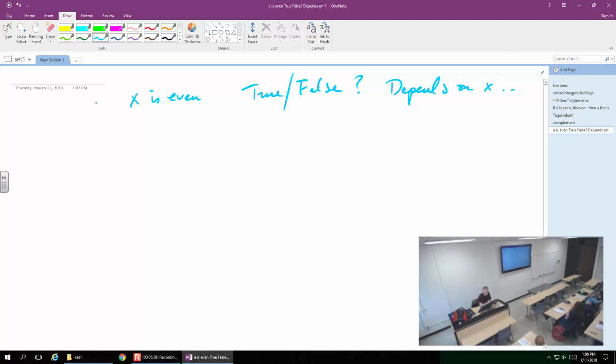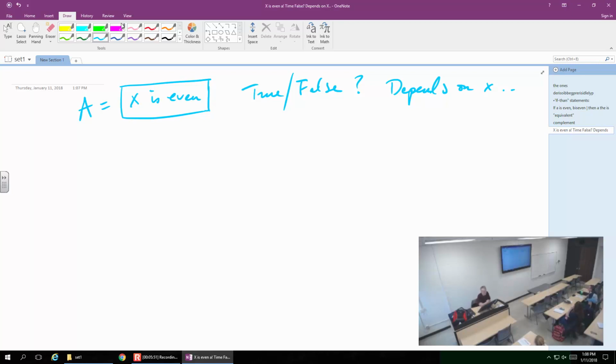There is no standard notation for how to put statements in parentheses or something like that. I'll put them in boxes for the time being. So the statement A is x is even, and I cannot really ask whether it is true or false because it depends on x.